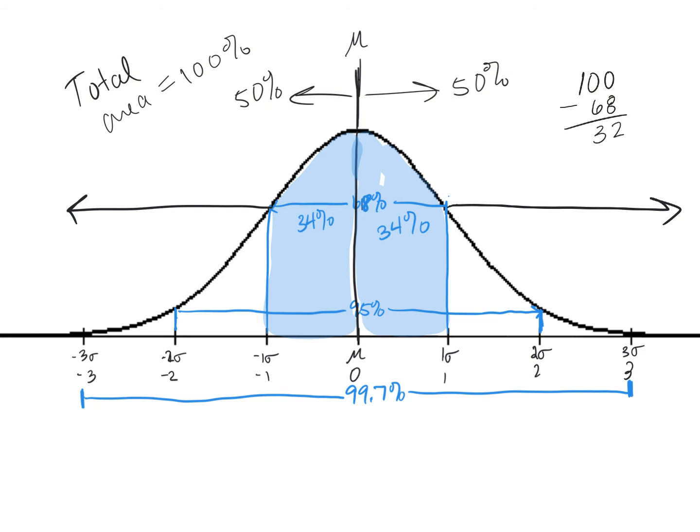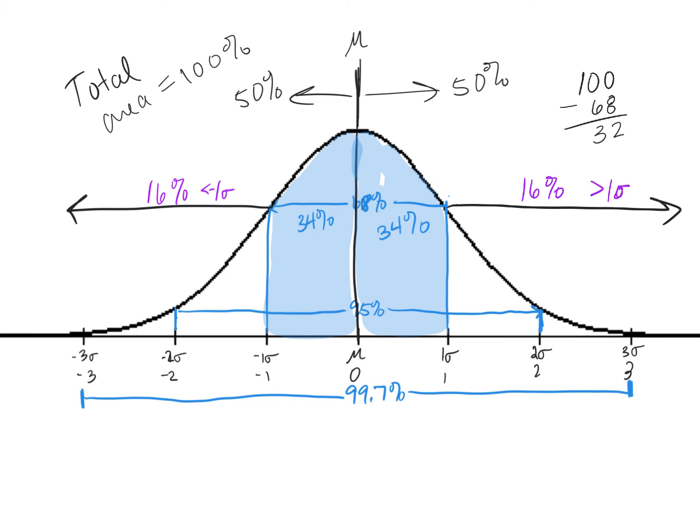That means everything greater than 1 standard deviation is 16%, and 16%, because we're going to divide that 32% into 2 equal parts. So greater than 1 standard deviation and less than -1 standard deviation is 16%.